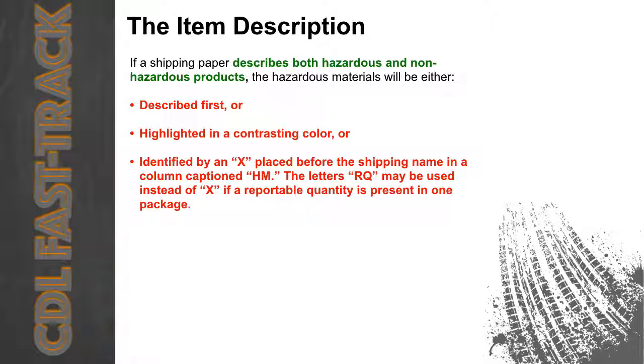If a shipping paper describes both hazardous and non-hazardous products, the hazardous material will be either described first, or highlighted in a contrasting color, or identified by an X placed before the shipping name in a column captioned HM. The letters RQ may be used instead of X if a reportable quantity is present in one package.